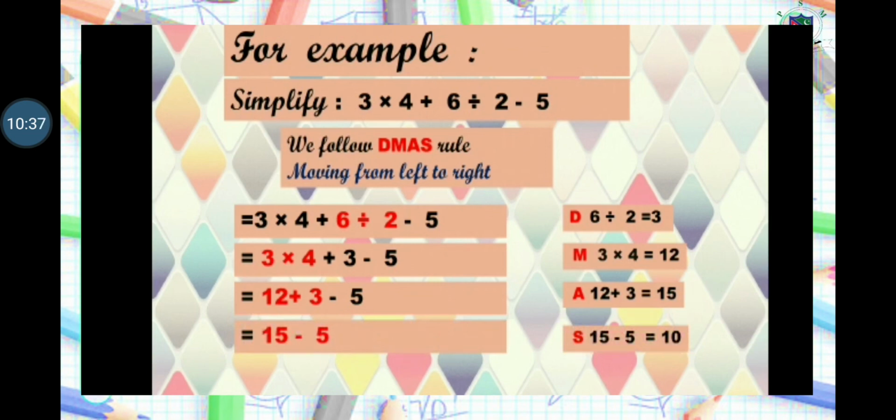So when all 4 operations are given, my dear students, we can solve the question by using a rule, and that is called DMAS rule. I hope you all understood about this rule. Let's summarize our lesson. The 4 basic operations are mathematical processes used to solve questions.